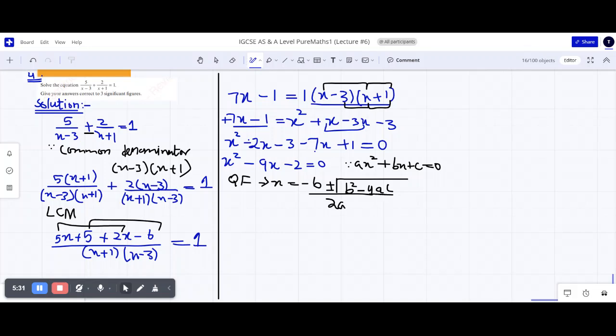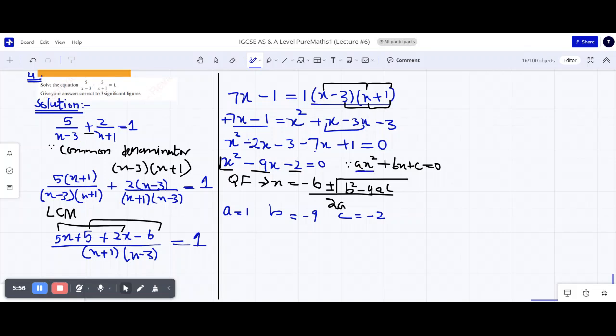So what is a? a is the coefficient of x squared. There is no coefficient written, so it would be 1. b is the coefficient of x, which is minus 9. c is the constant value, which is minus 2. So a equals 1, b equals minus 9, c equals minus 2.